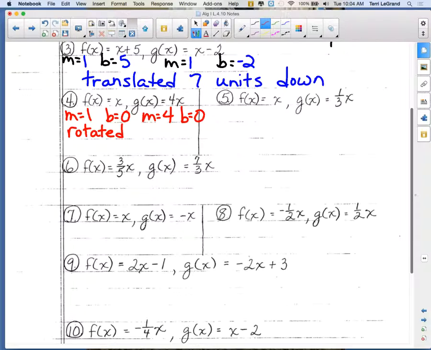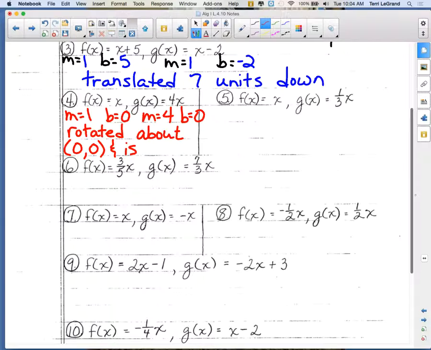So we're going to say it rotated about, meaning not approximately, but about, the point that's going to stay fixed, 0, 0. It's crossing at the origin. Its y-intercept is 0.